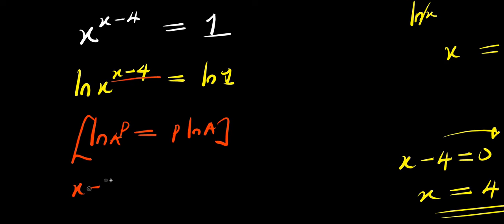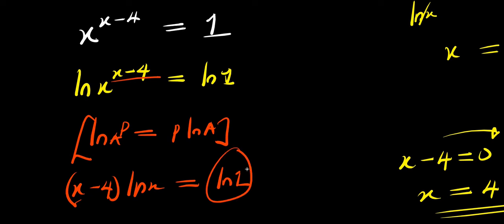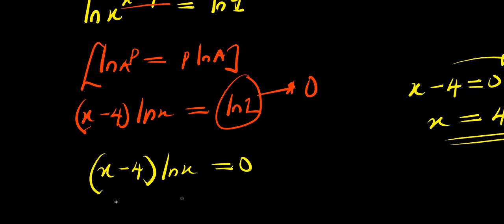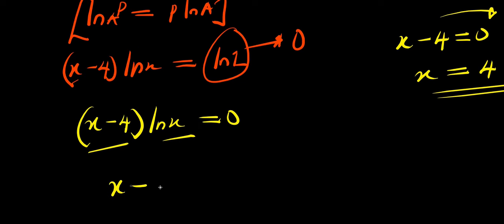You have x minus 4 times natural log of x equals natural log of 1. And natural log of 1 here is 0. Remember that natural log of 1 is 0. So you have x minus 4 times natural log of x equals 0, meaning I can equate each of these to 0. I can have x minus 4 equals 0. I can also have natural log of x equals 0.